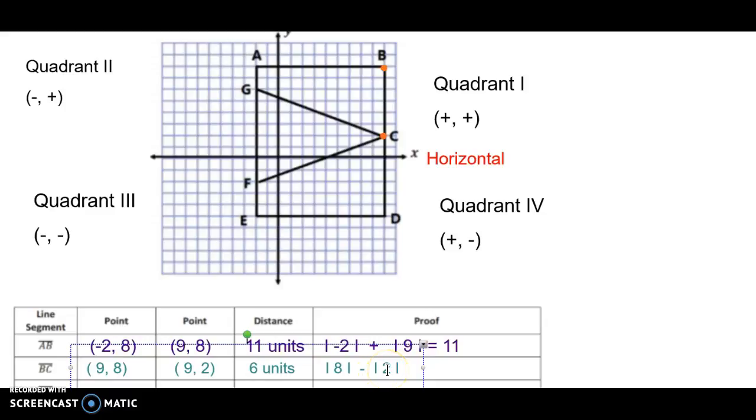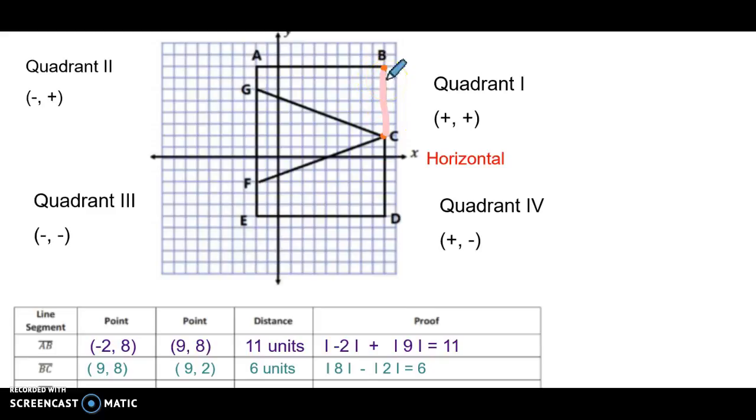The absolute value of 2 is 2. So when we do 8 minus 2, we get 6 units, which is why we had 6 units there, which is why our answer is reasonable. But I really also want you to notice that point B and point C create a line segment, correct? So this is a vertical line segment because it's going up and down. So our line segment is going up and down, which makes it a vertical line segment.